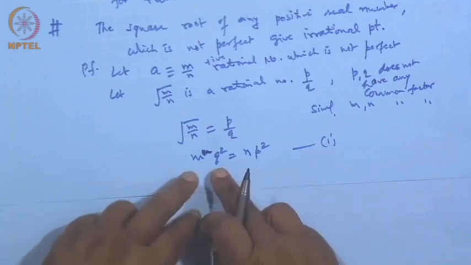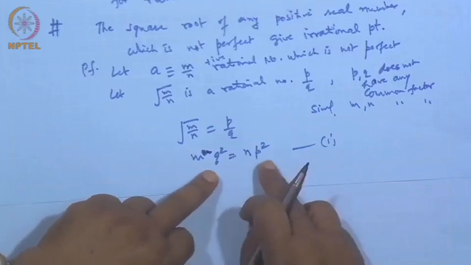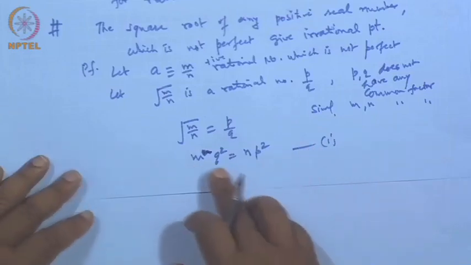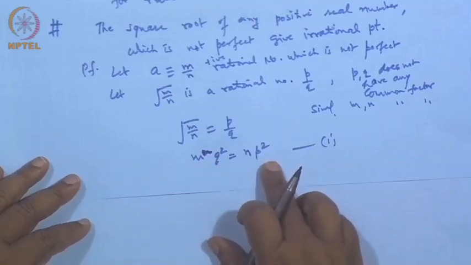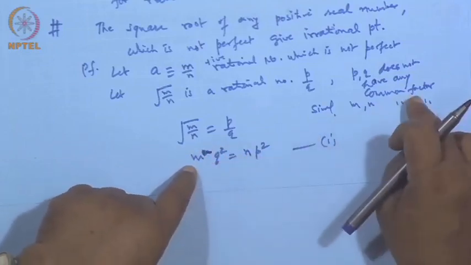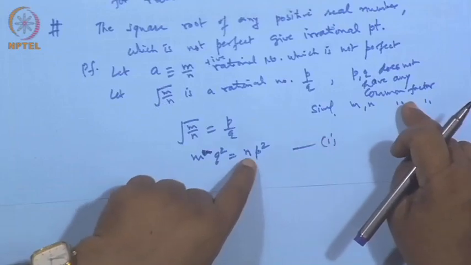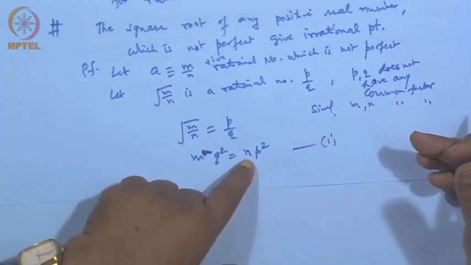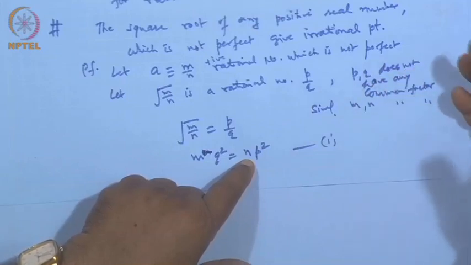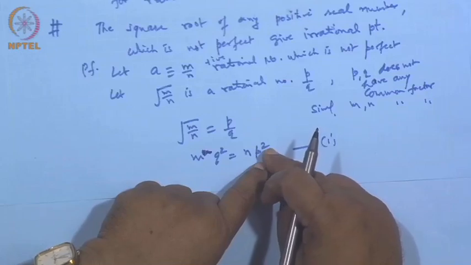So, we can say that m divides n into p square, but m cannot divide n, because m and n are in the lowest form. They do not have any common factor. So, the only possibility is that m must have a common factor with p square, is it not?